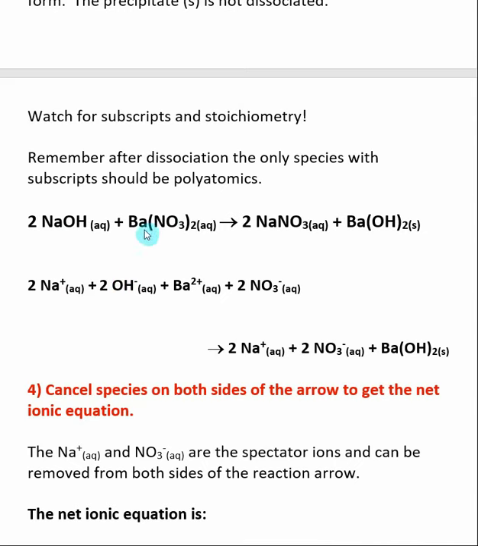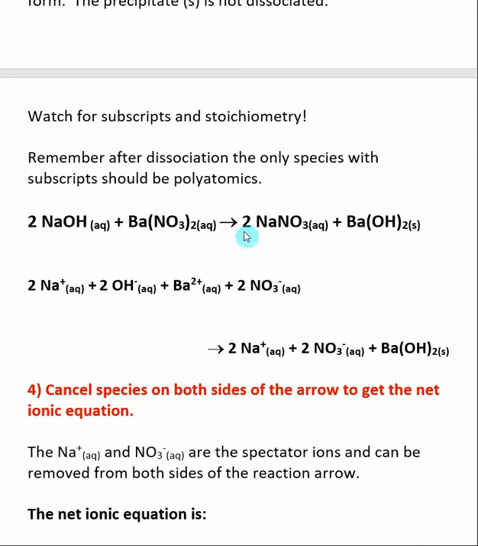Barium nitrate dissociates into making barium 2 plus, and it also dissociates into making 2 nitrates. So this subscript 2 in the molecular formula says that we have 2 nitrates inside of barium nitrate, and so this needs to be shown in our complete ionic equation.